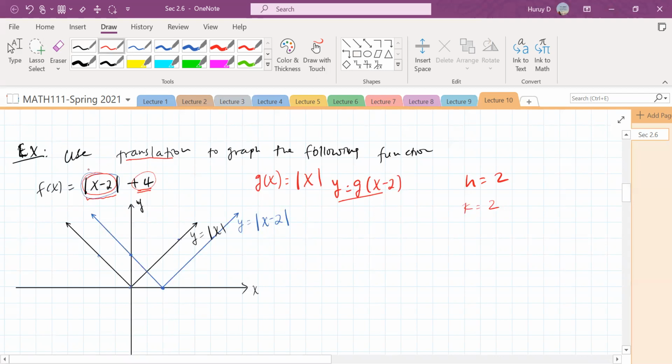If we call this one h of x or something, then the graph of f of x equals the absolute value of x minus 2, plus 4, is the graph of this function shifted up by 4 units. Now, if I shift this one up by 4 units, I have to count here: 1, 2, 3, and 4.